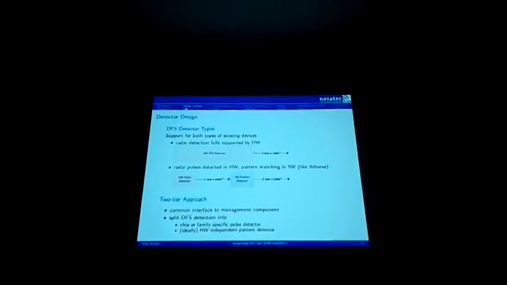Now for the detector part. When we first started working on this, or rather, we started studying DFS from scratch and planned to have something that is available for all chipsets. We were told that there are some clever chipsets that just tell you that there was a radar. I'm not aware of them, but let's say they exist.